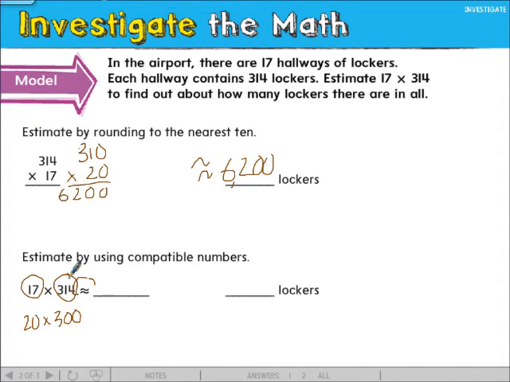When we're using compatible numbers, we can go to different place values. How many zeros do I have? 2, 3, I have 3 zeros. And then I have 2 times 3. 6. So in this case, I have 6,000 lockers. Okay? Very good.